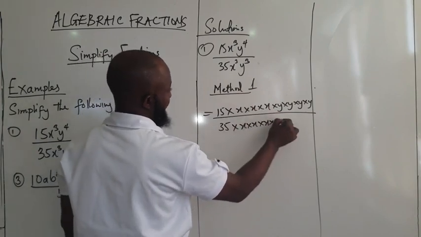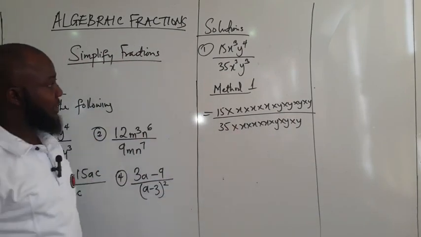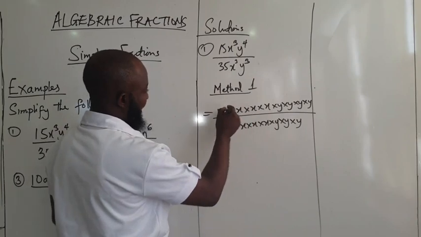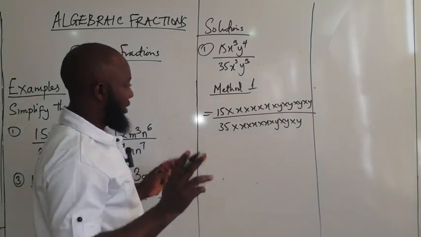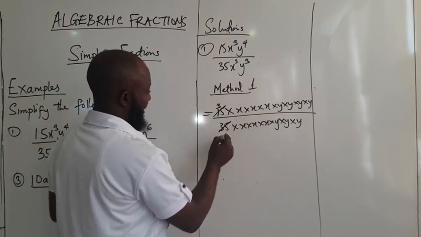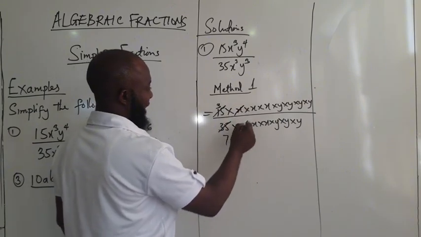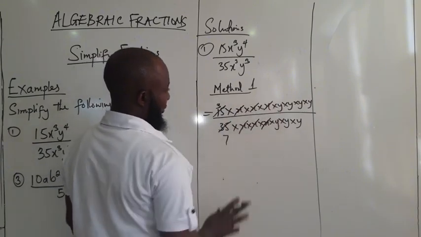Then y cubed is y times y times y. So we can then cancel. Let's start with the numbers. What can divide 15 and can also divide 35? 5. 5 can go in 15, that is 3. 5 can go in 35, that is 7. x cancels x, x will also cancel x, x cancels x. So nothing again.